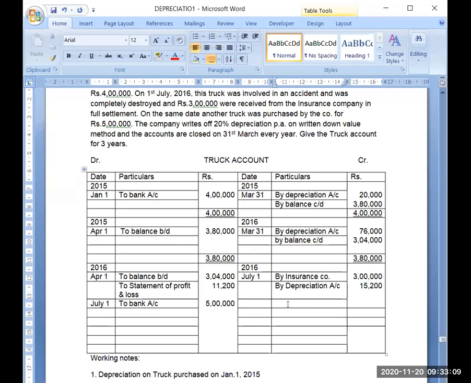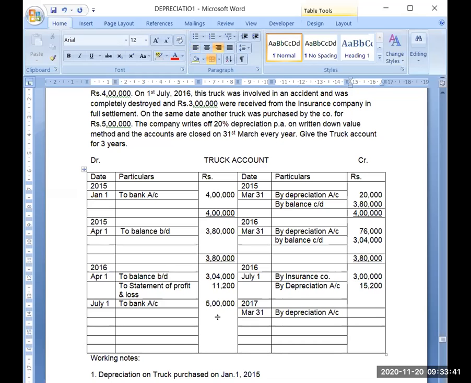Now on 31st March 2017, we will charge its depreciation by depreciation account.